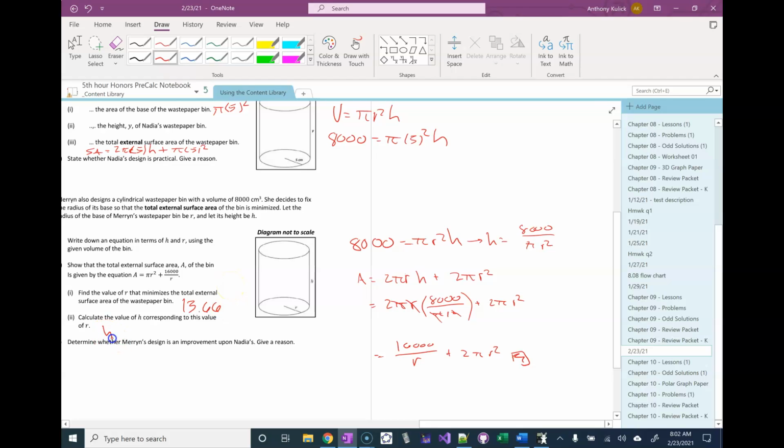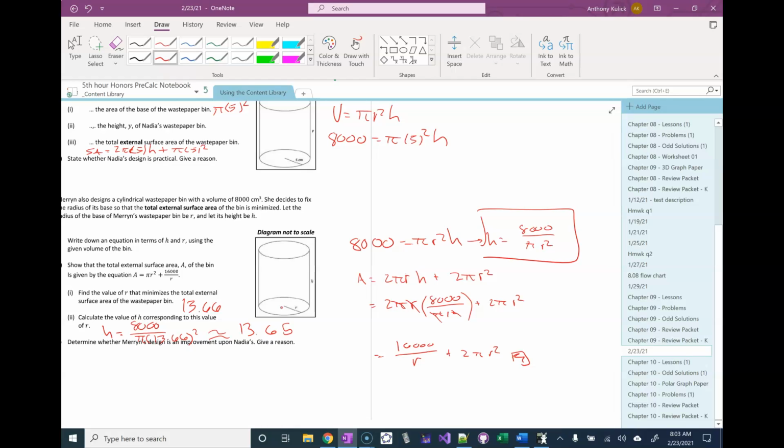To get the value of h, I'm just going to plug it back in here. And I think that comes out also to be right about 13.6. When I type that in, it should be real darn close.